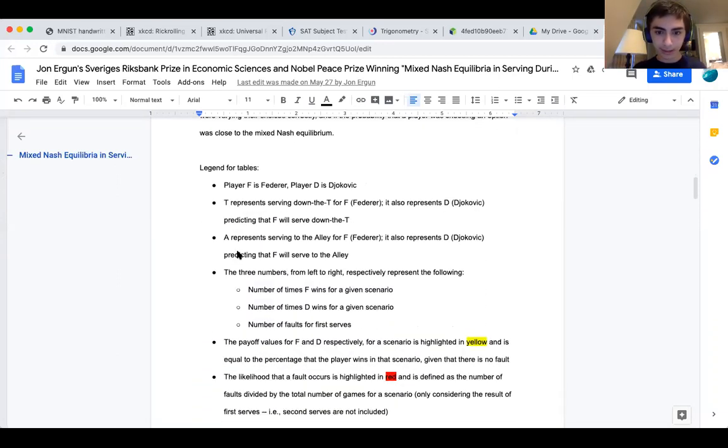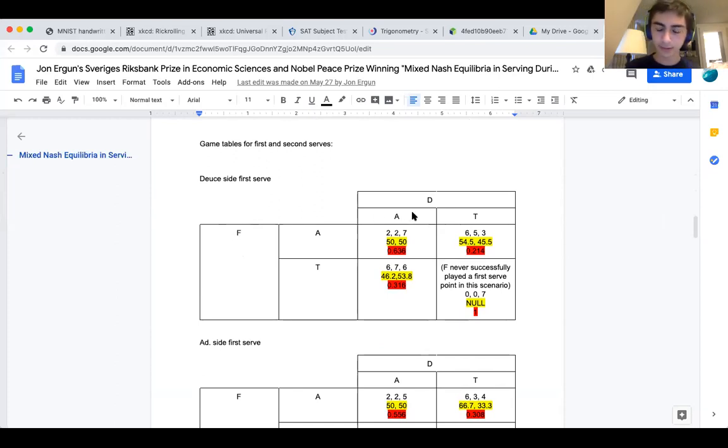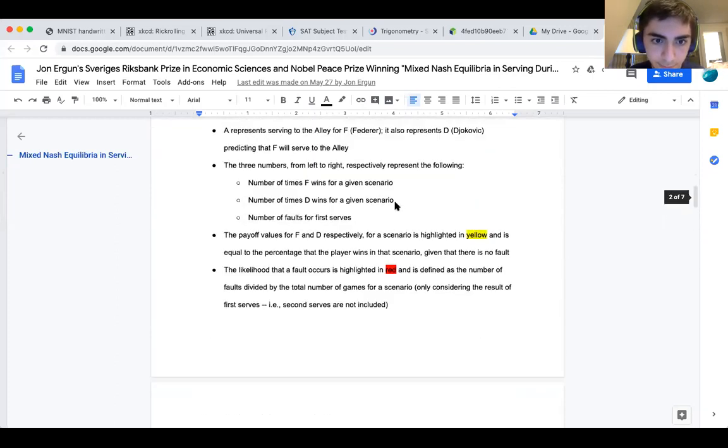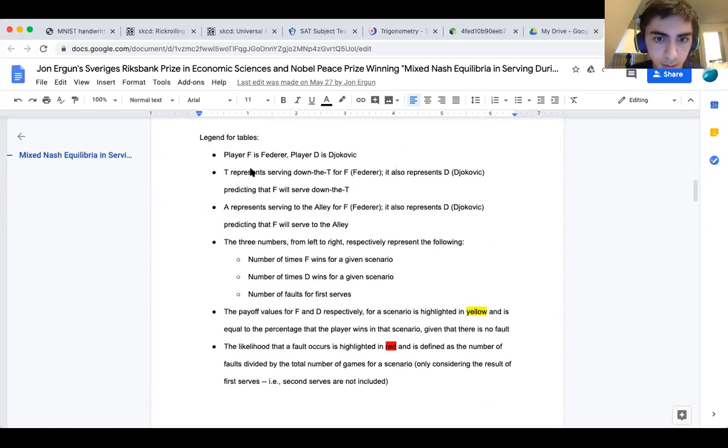So lots of words that are probably fun to read. But the players are Federer and Djokovic, for any of you who play tennis. Which one was serving again? I think Federer is serving. Yeah, so Federer is serving and Djokovic is returning.